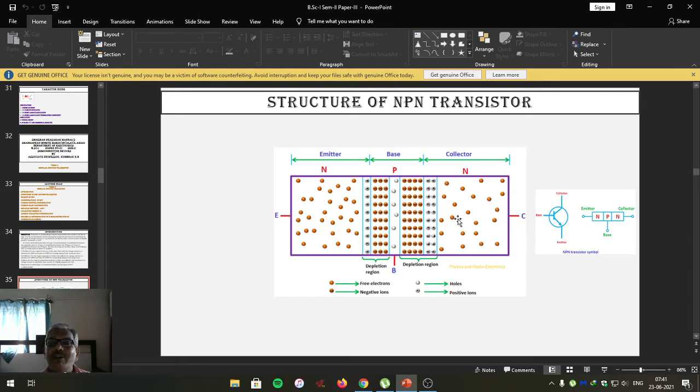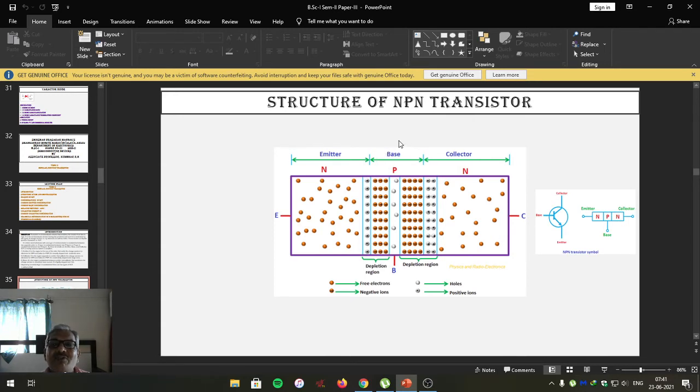Ohmic contact is made to the exactly opposite side N region, which has a large area and moderate doping concentration. That terminal we can call the collector. It is used to collect the electrons emitted from the emitter. Ohmic contact is made for the sandwiched region between the two N regions, that means to the P region, which is called the base.